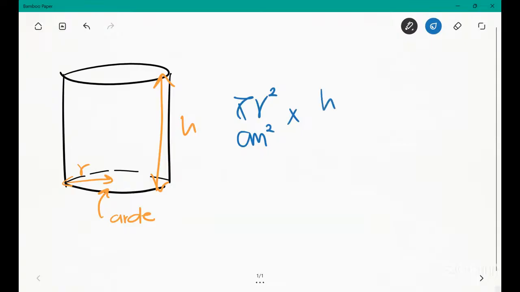Height means centimeters or meters. Here it's centimeters. So when you multiply, you get pi r squared h. Centimeter squared into centimeters gives you centimeter cube. The unit is cube, so either it can be centimeter cube or meter cube. Did you understand that, Surya?